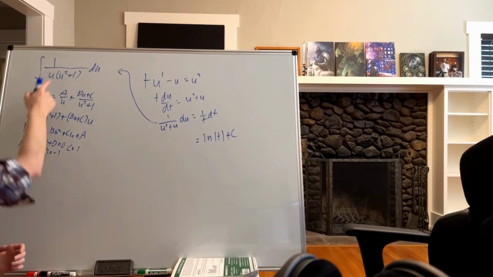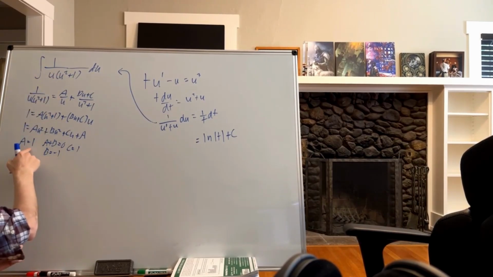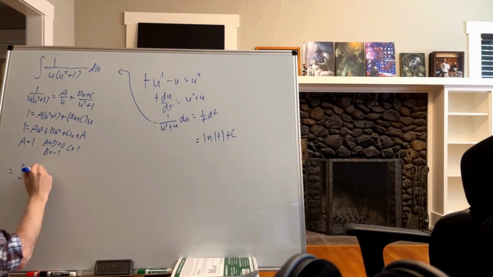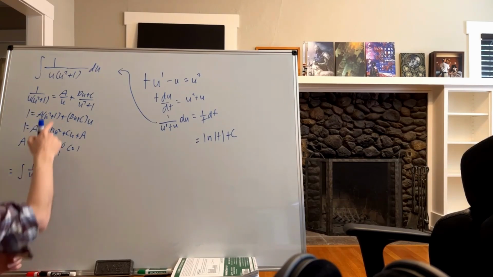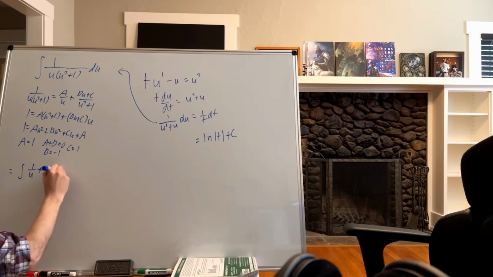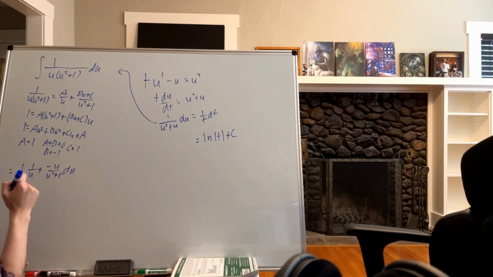Okay, so working out the integral, we know this is equal to the integral of 1 over u plus negative u over u squared plus 1 du. This one we can do with a substitution. I'll use v because we're already using u. That integrates to ln u.